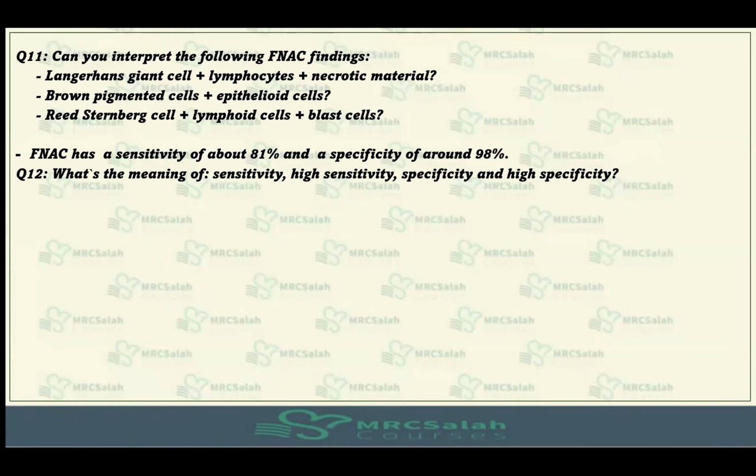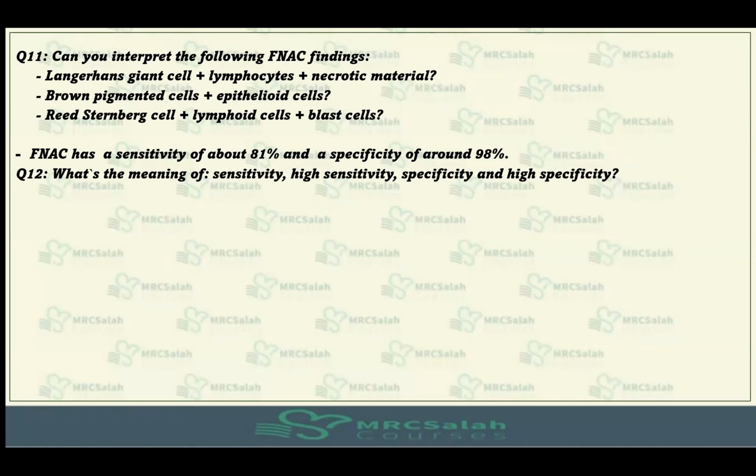So it's a true negative rate. And what's the meaning of a high specificity test? It is a low number of false positive tests. So high specificity is a low number of false positives.